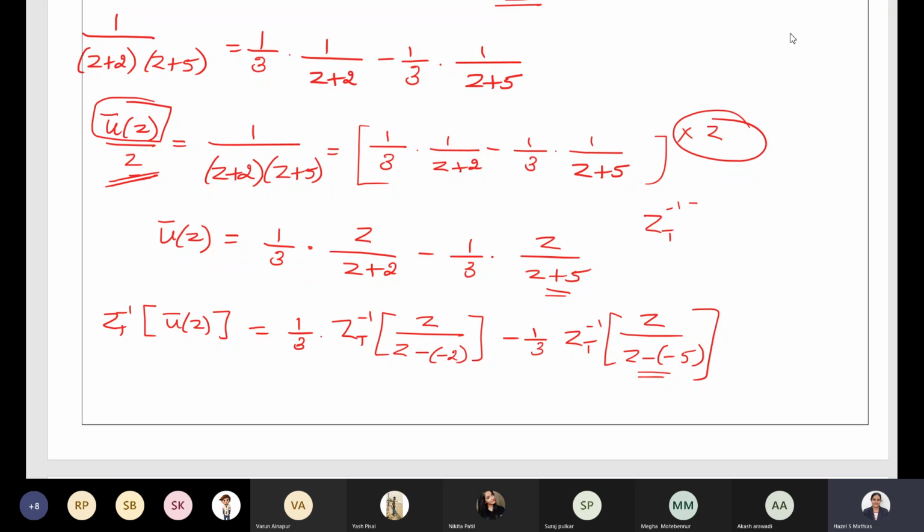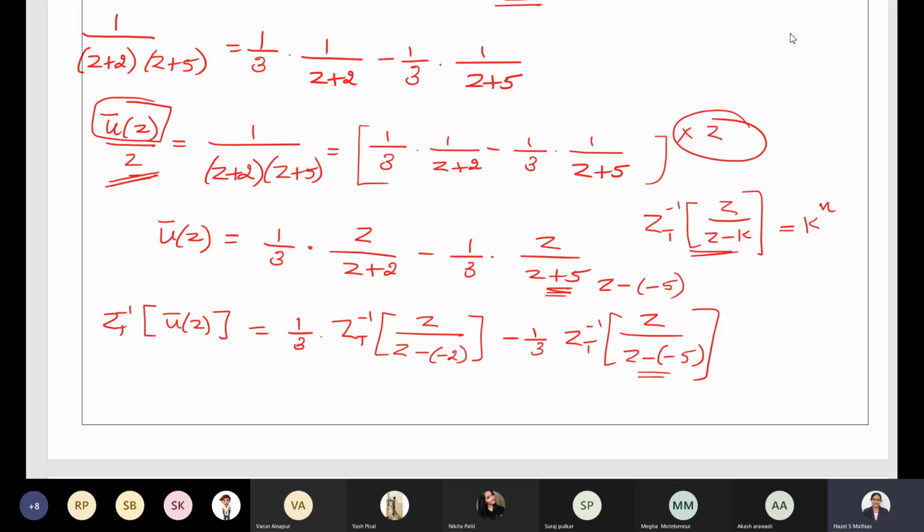Because we have the formula for inverse Z transform of Z by Z minus K only. Is it okay, everyone? Yes, ma'am.